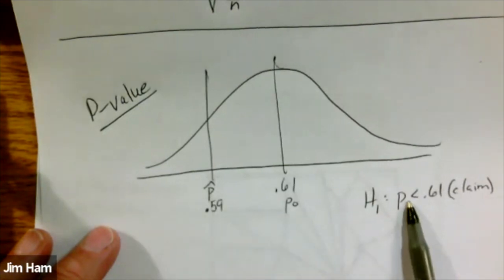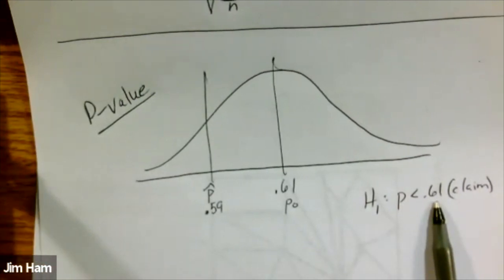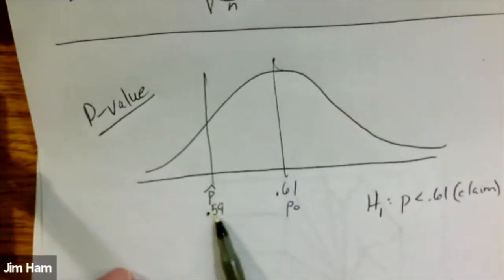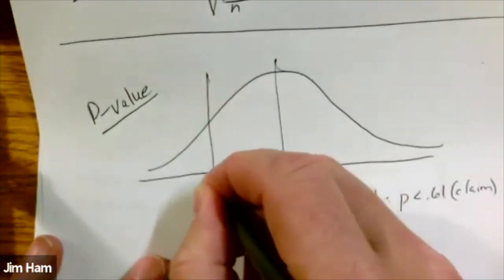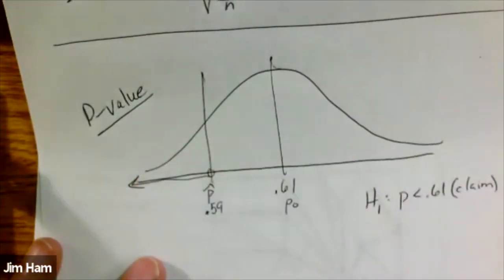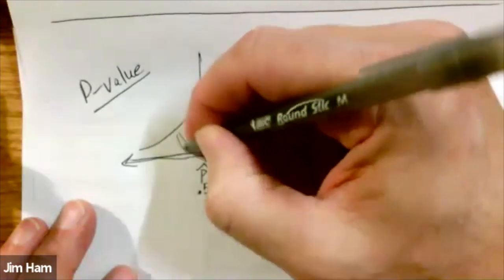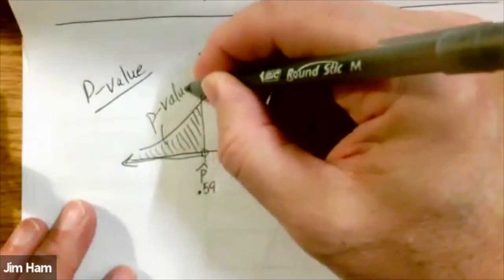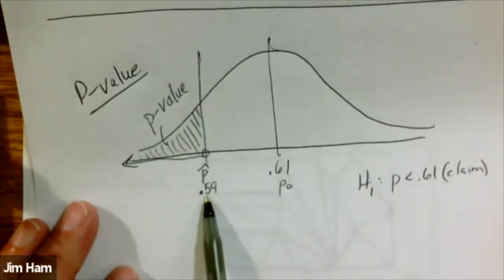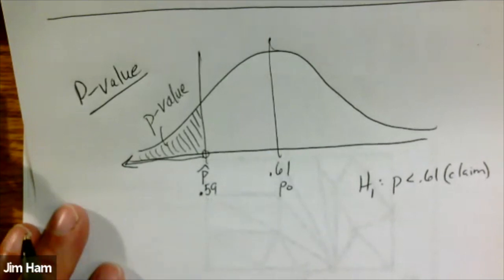Since in the alternative hypothesis we're interested in proportions less than 0.61, being more extreme would be equal to what we observe, 0.59, or something more extreme over here. So this area here is the p-value. The probability of getting our sample proportion or something more extreme, or something less.